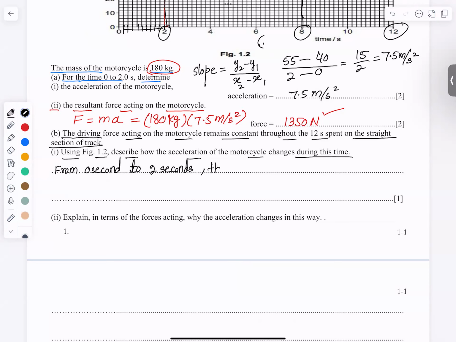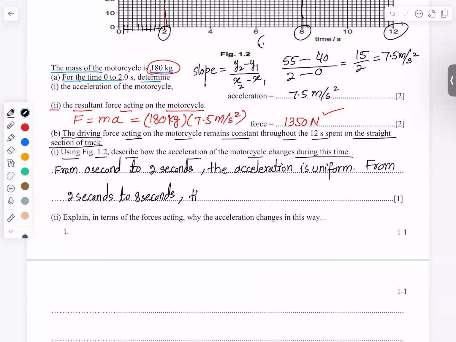the acceleration was uniform, because when the speed time graph is a straight line, the acceleration is uniform. From 2 seconds to 8 seconds, it's a decreasing curve, so the acceleration is decreasing.